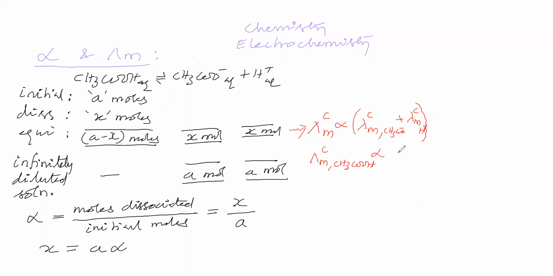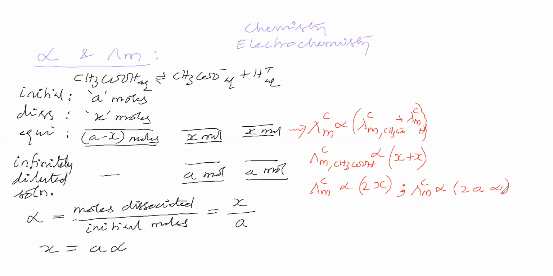So molar conductivity at a given concentration of acetic acid is directly proportional to acetate ions X moles plus H plus ions X moles, that is, 2X. Now we substitute X: lambda m c is directly proportional to 2 A alpha, since X is A alpha.